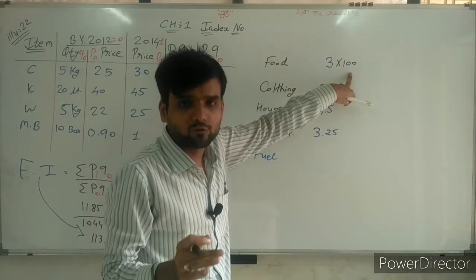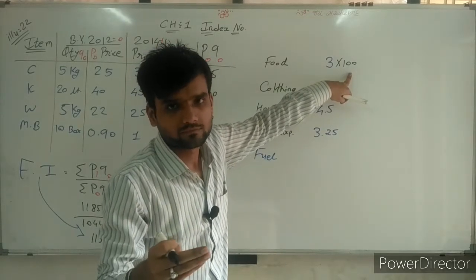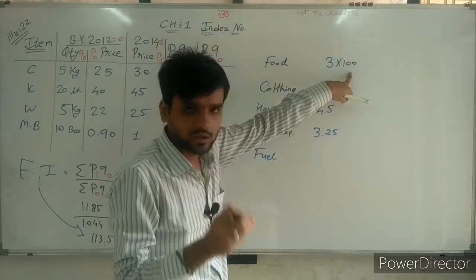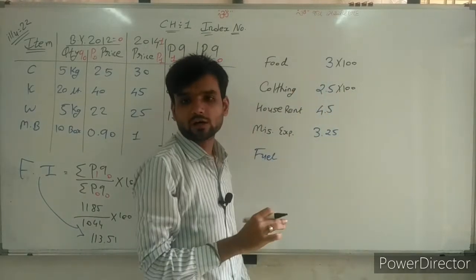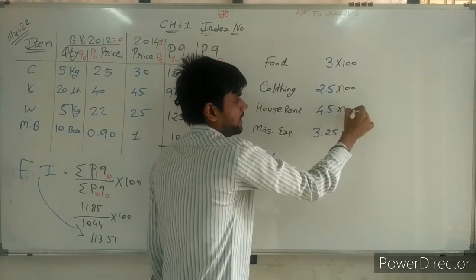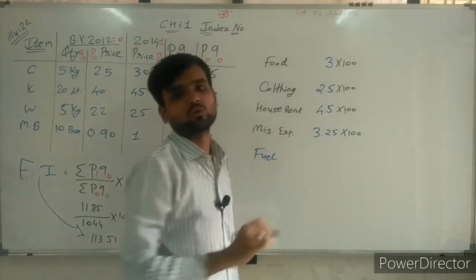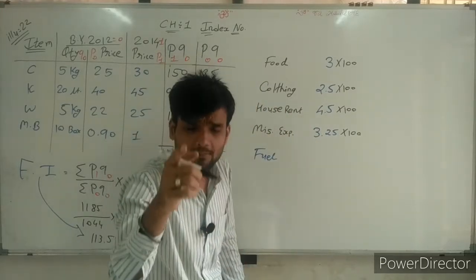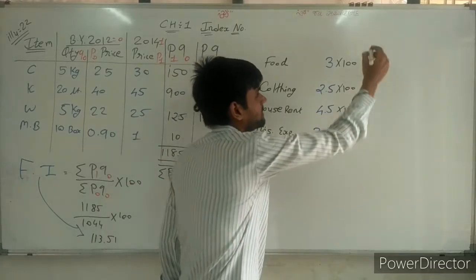Because if you assume another value, then you have to do one more step. And that's why always 100 into 3, 100 into 2.5, 100 into 4.5, 100 into 3.25 we are taking, because by multiplying with 100 we get I directly.